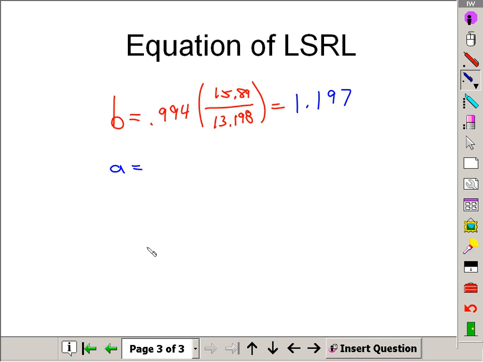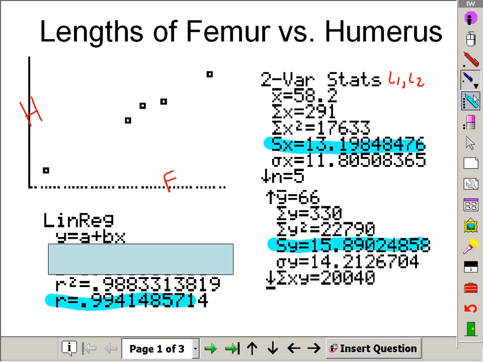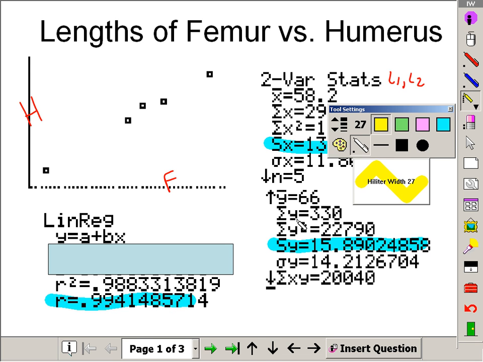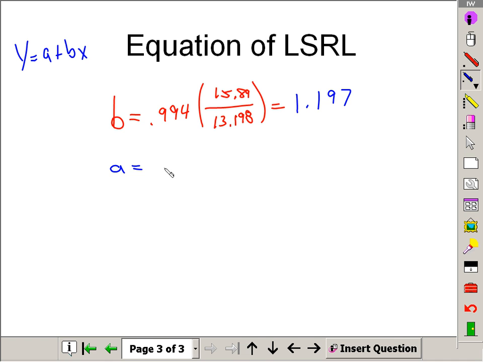Now, to figure out the A term, again, this is going to be written as y equals a plus bx. The A term is y bar minus b x bar. Y bar is 66, x bar is 58.2. Again, y bar 66 minus b times 58.2.